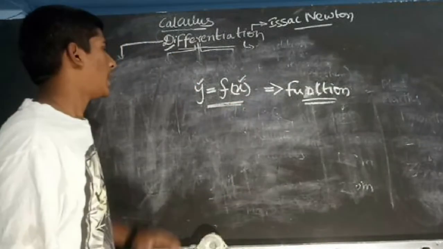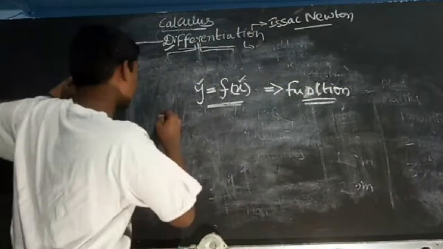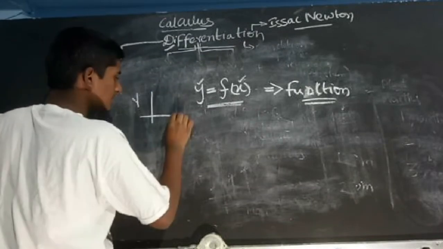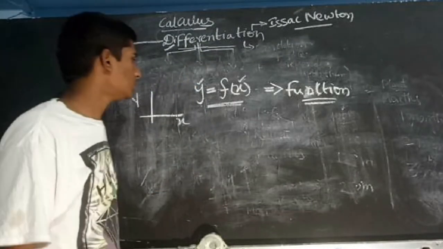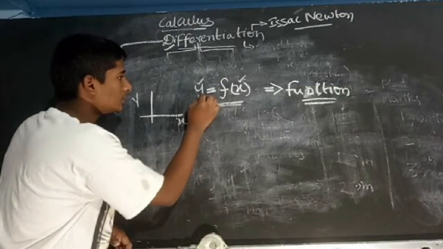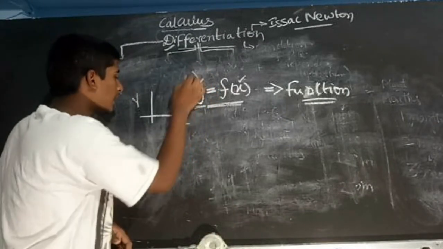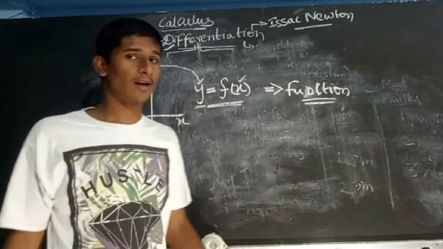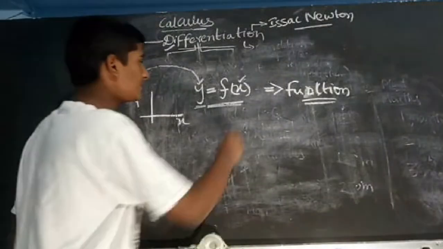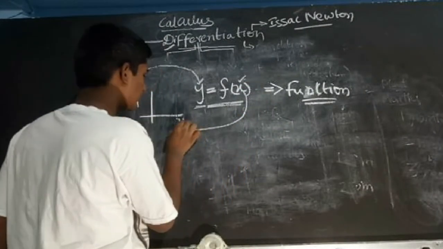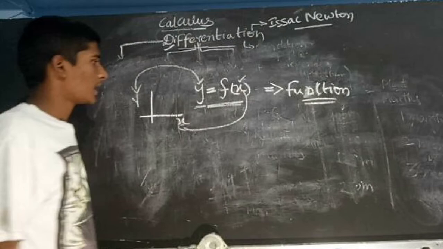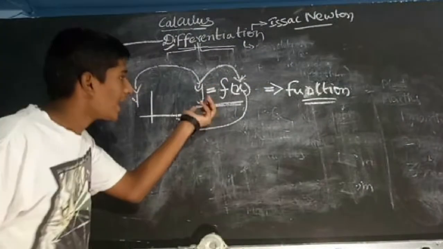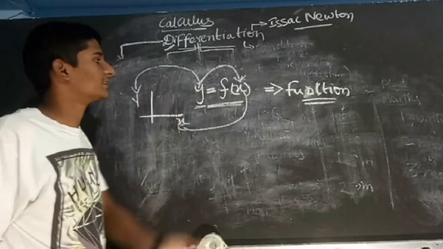So this y, we draw a graph. This is the y-axis and this is the x-axis. This y in the graph is known as the y-axis, and this x is known as the x-axis. It means y is depending upon x.